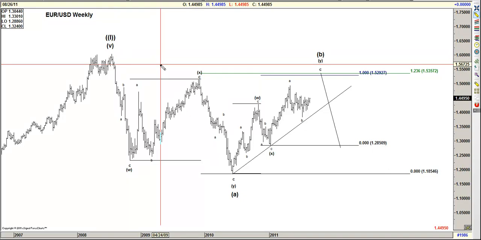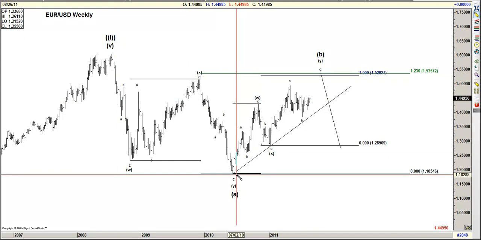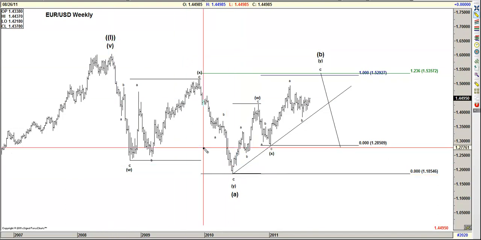That super cycle, we label this either as a 1 if it's only euro, or as an A if it's the composite or German currency, which is telling me that this is the 50% of the A, but also the 50% of the 1.